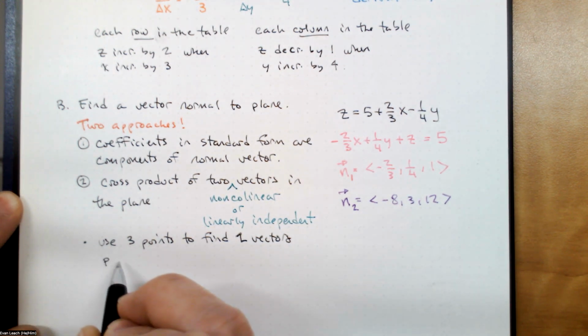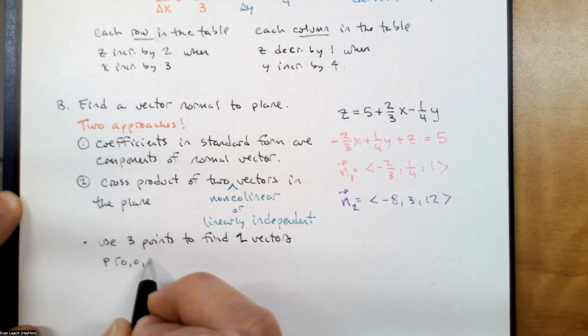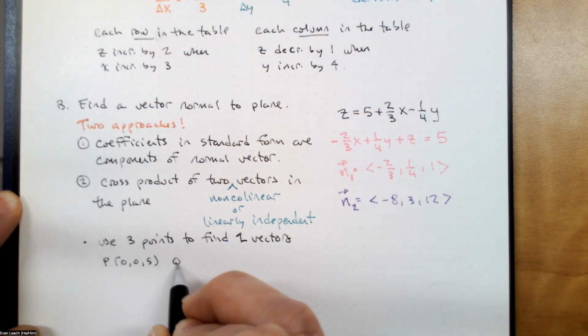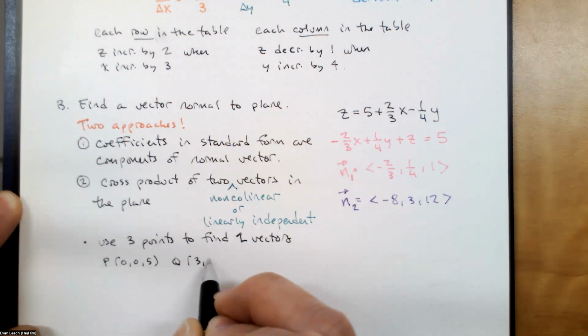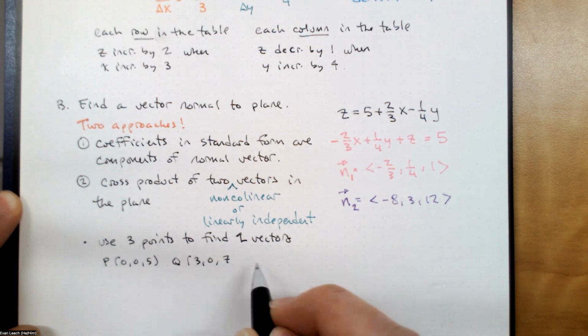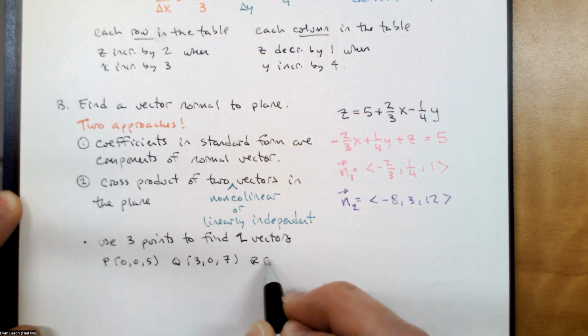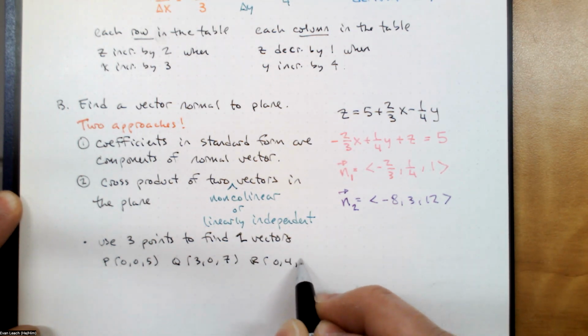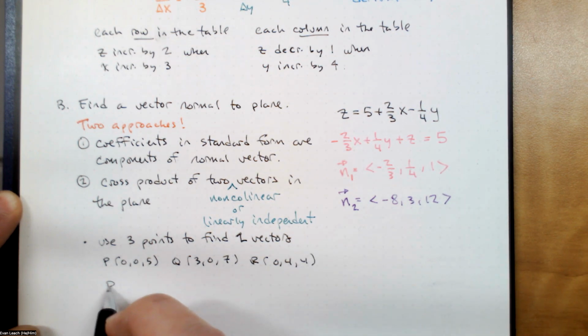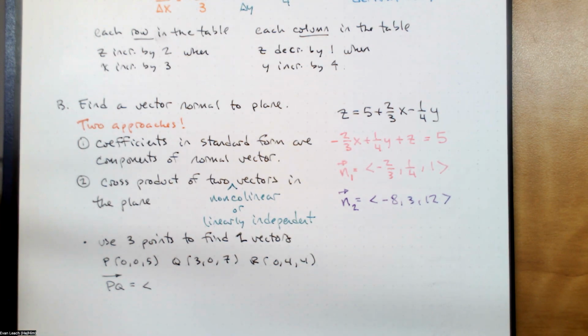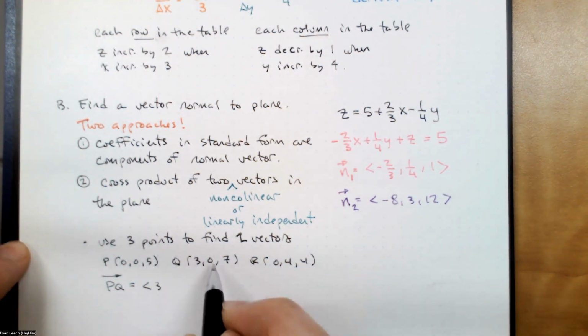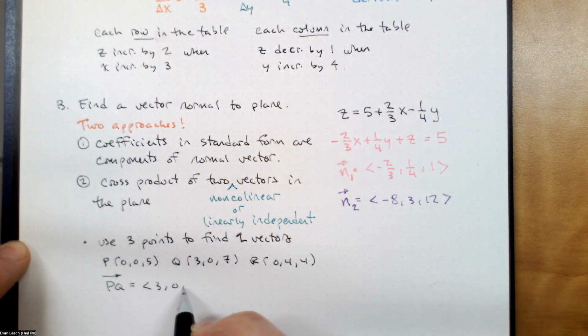So for example, I picked P is 0, 0, 5. I picked stuff that had lots of zeros in it, as many zeros as I could get. And then I just subtracted to find a direction vector from one point to the next. So I did 3 minus 0, 0 minus 0, 7 minus 5.